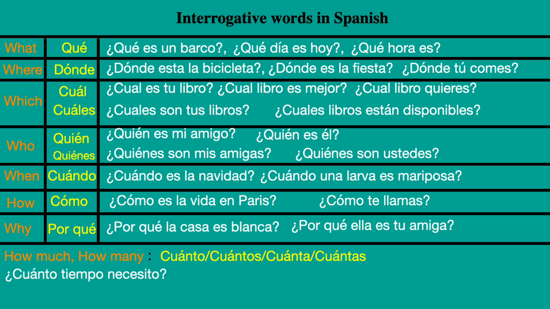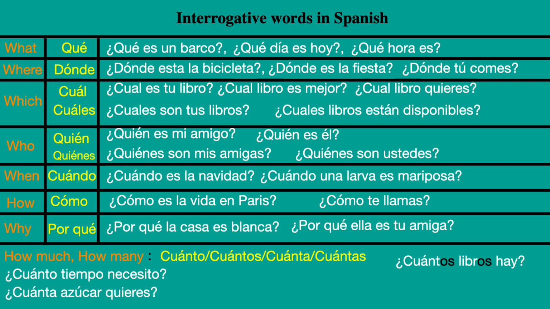So here we have some samples. ¿Cuánto tiempo necesito? So tiempo, that would be masculine. El tiempo, so that would be masculine. ¿Cuánto tiempo necesito? Necesito is the verb. Then we have ¿cuánta azúcar quieres? So here we have another sample when we use a feminine, la azúcar. That would be basically feminine. And here we have some samples when you use the plural. ¿Cuántos libros hay?